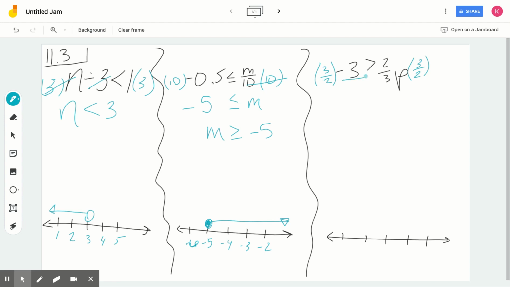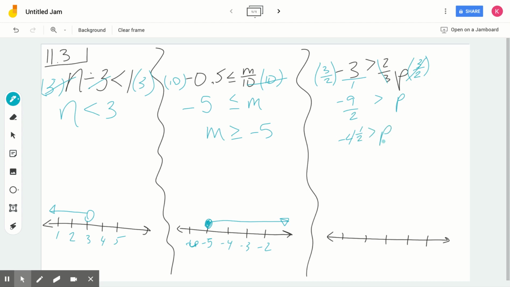Negative 3 goes over 1. So 2/3 multiplied by 3/2 cancels. 3 times negative 3 is negative 9. 2 times 1 is 2. Now we can reduce this. 9 divided by 2 is 4 and 1 left over.